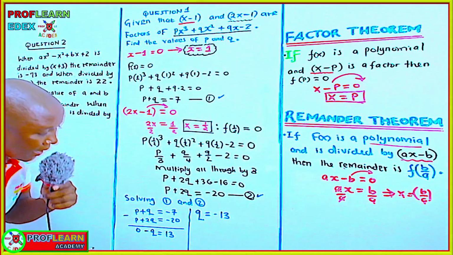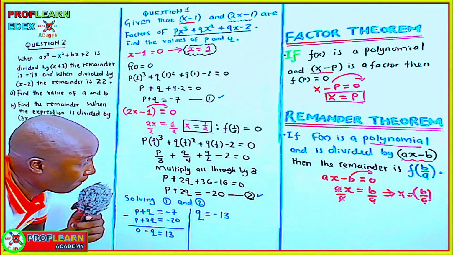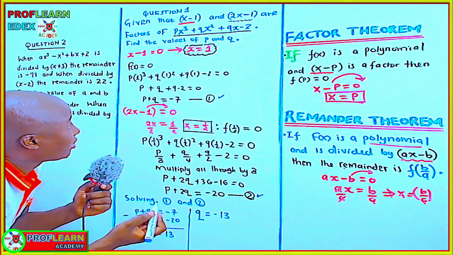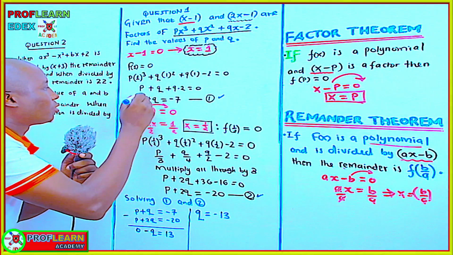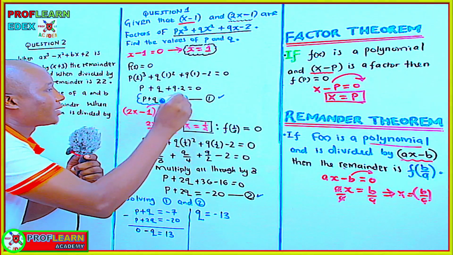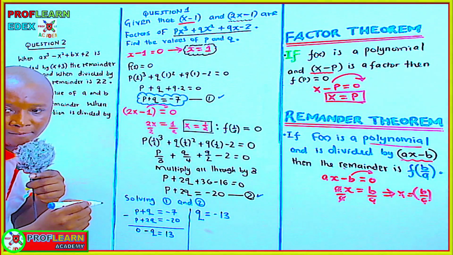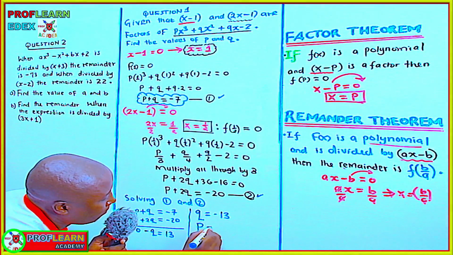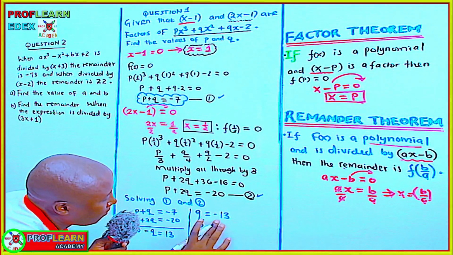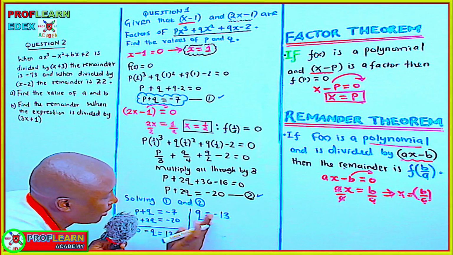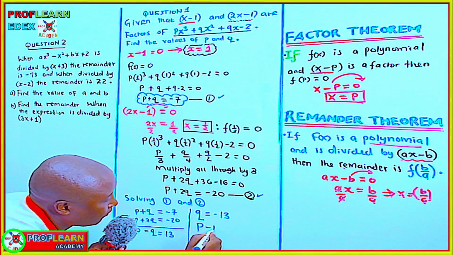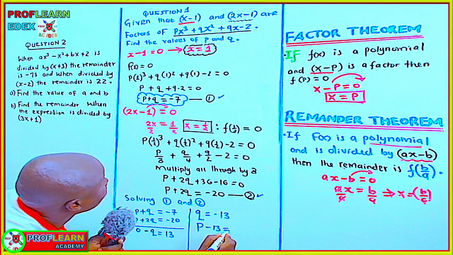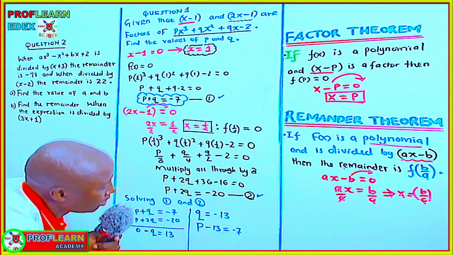Now, in order to find the value of p, we are going to use any of the equations. We can even decide to use the first equation that we had gotten here. Then we are going to say, therefore, p plus q, but our q is negative 13, so we are able to say p minus 13 is equal to negative 7, right?